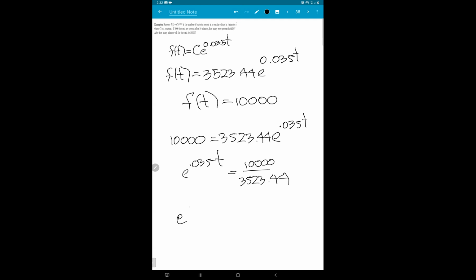So e to the point, if you take the ln of both sides, I won't touch this yet. Take the ln of both sides. So I also ln the right-hand side. Now, let me just say that this becomes 0.035t, right? So if I take the ln of both sides, what happens is this.